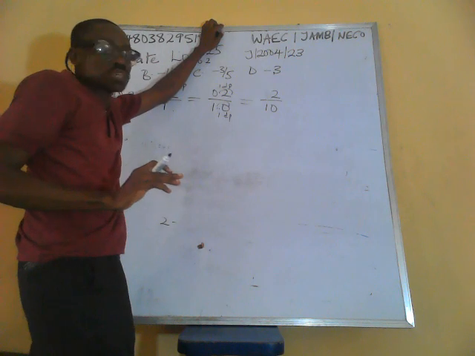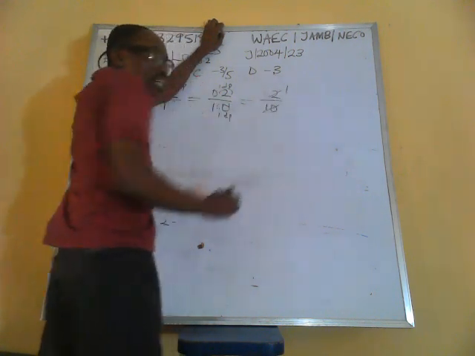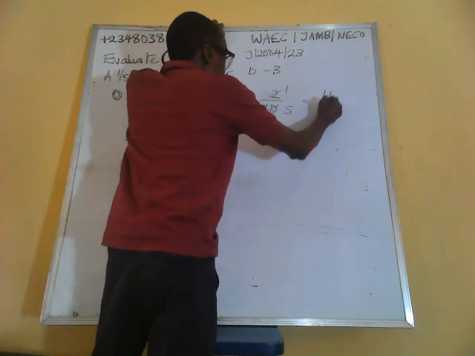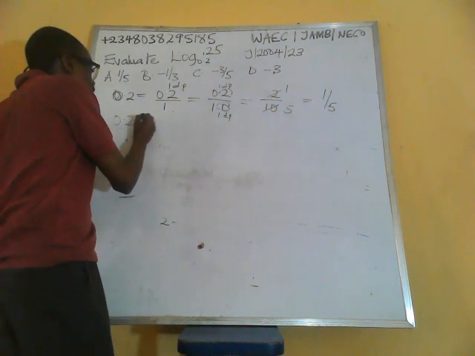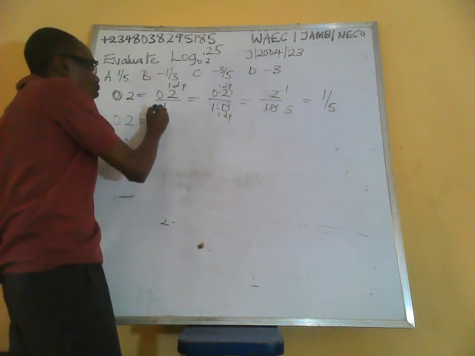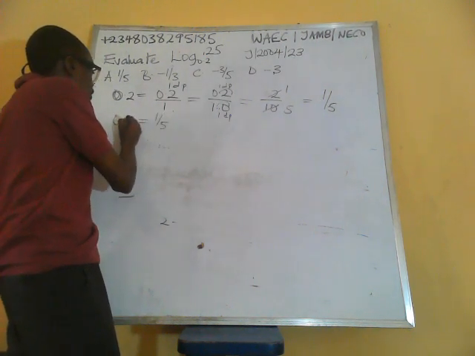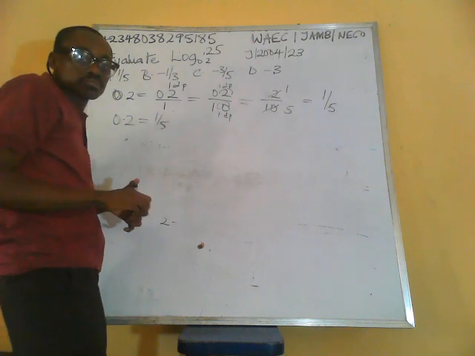At the end of the day, we'll take it to the lowest term. 2 into 2 is 1. 2 into 10 is 5. So this is 1 over 5. At the end of the day, 0.2 is equal to 1 over 5.